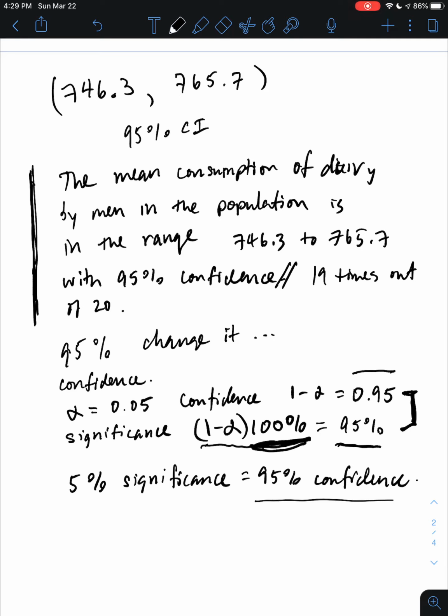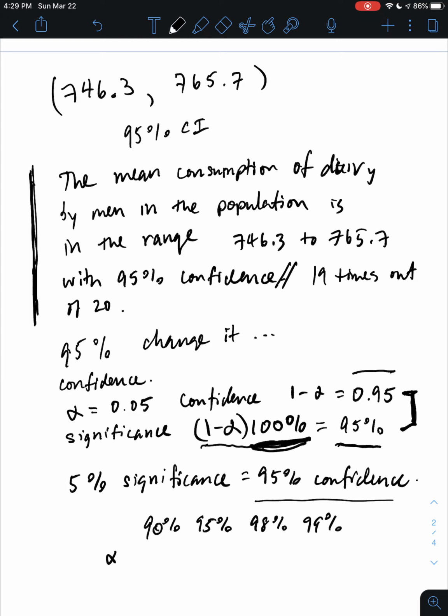What we will change though is this number. We can change the confidence level, and some typical values that we may see are 90% confidence, 95% confidence, 98% confidence, and 99% confidence. Never 100, of course.